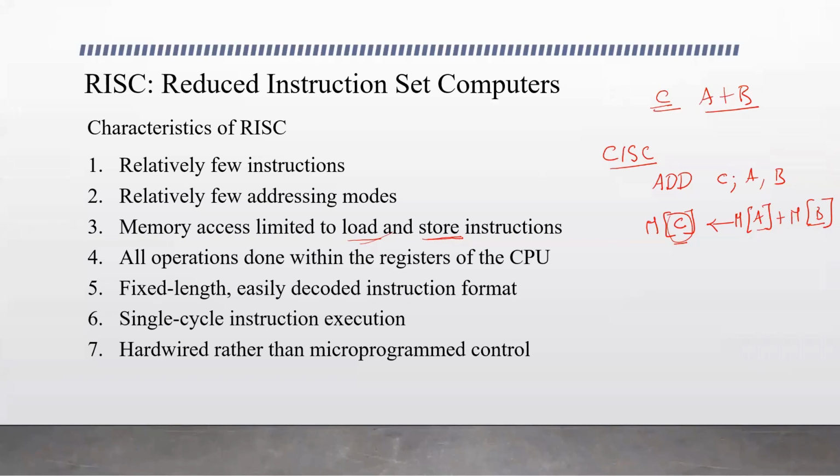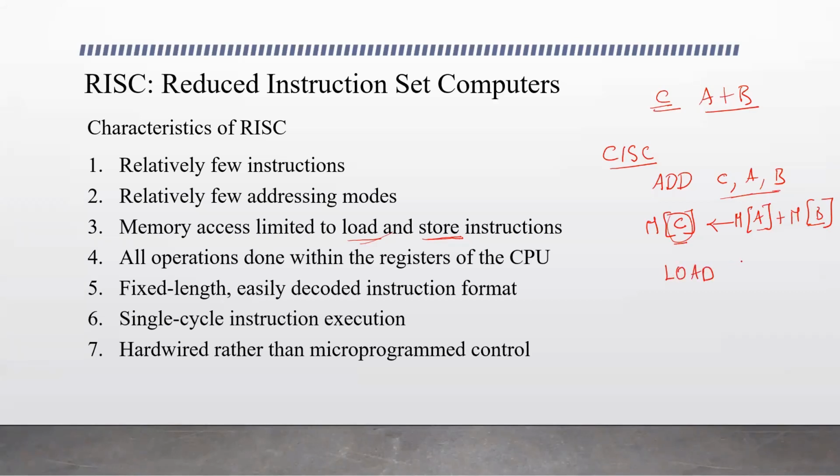Or if the CISC computer provides only 2 address, how can this instruction be written? We cannot use 3 address. Then in that case, it can be written as, we need to first load, right?